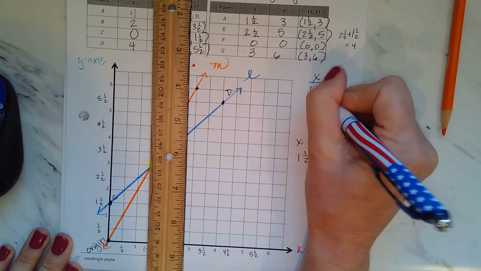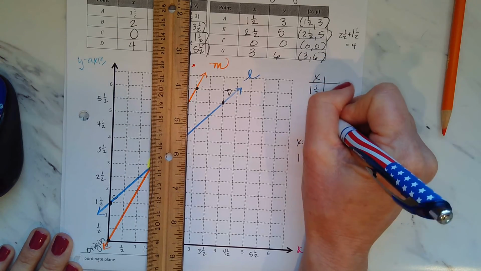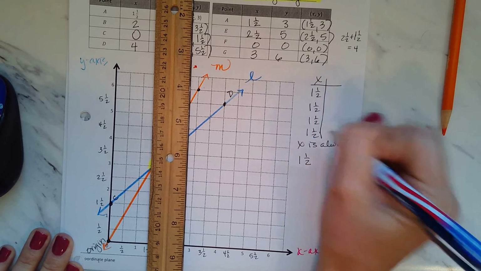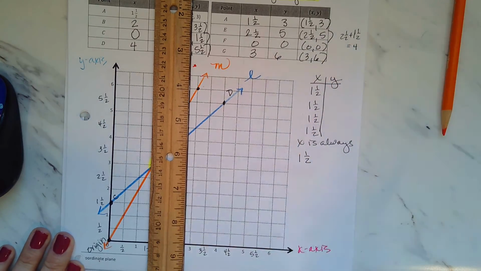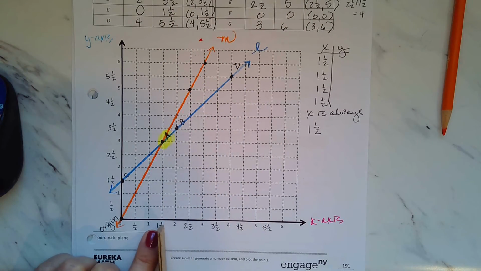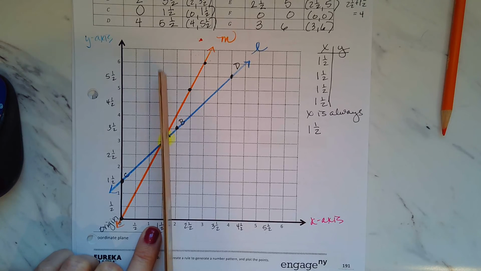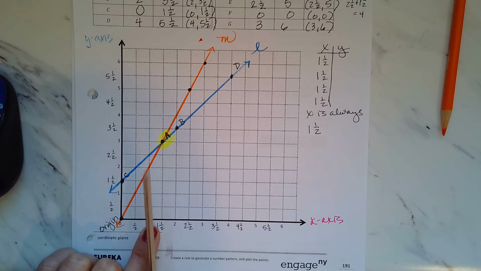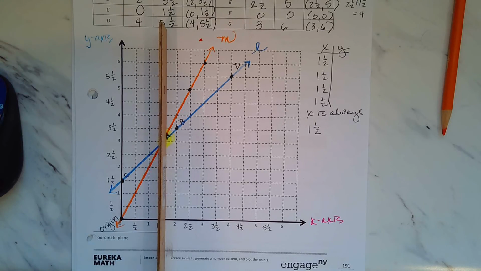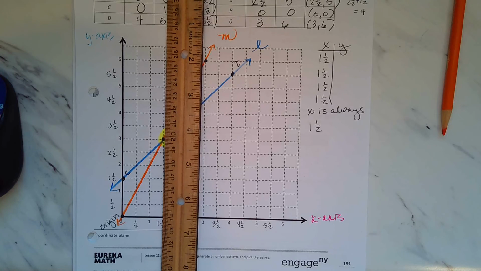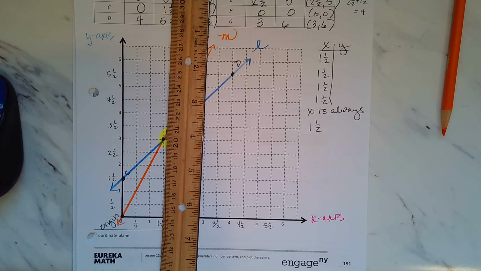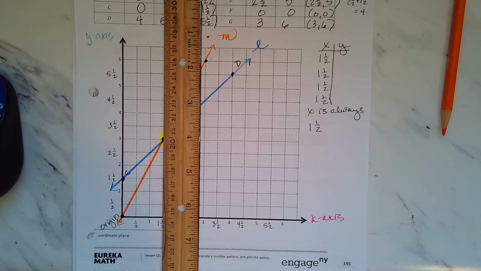So if x is 1.5 and it's 1.5 and it's 1.5, what type of rule could you create? If x is always 1.5, so you're always starting here on 1.5, I want you to generate a rule that would have your line be perpendicular to the x-axis or parallel to the y-axis using the x coordinate of 1.5 each time.